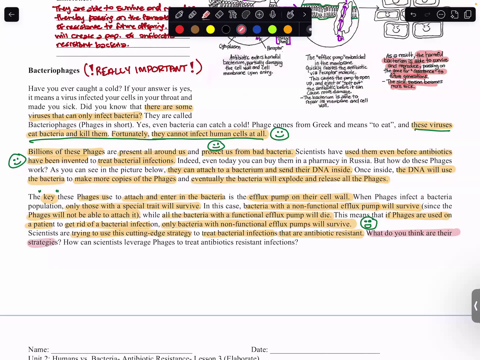What do you think are their strategies? How can scientists leverage phages to help treat antibiotic resistant infections? Right? The word leverage just basically means to maximize the advantage of something, if you will.